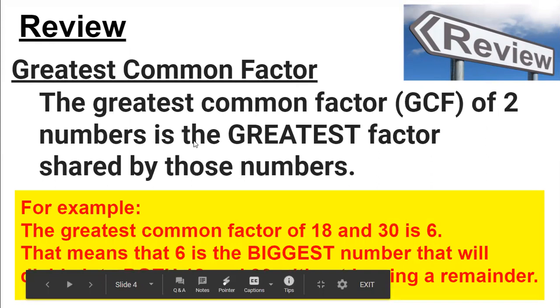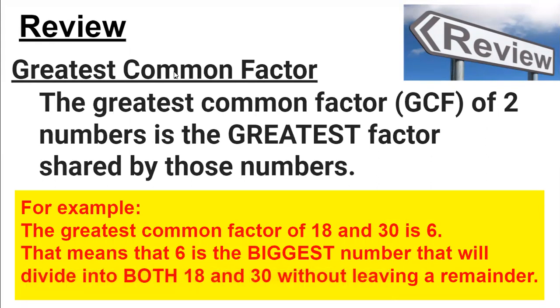So the greatest common factor of 18 and 30 is 6. That means that 6 is the biggest number that will divide into both 18 and 30 without leaving a remainder. If you went ahead and tried that on the previous slide, you should see that 6 is the biggest common factor.